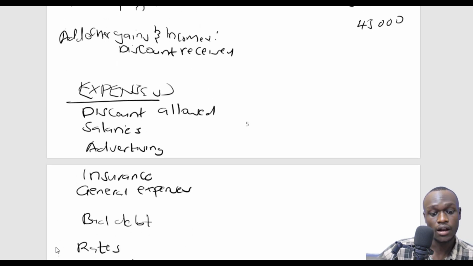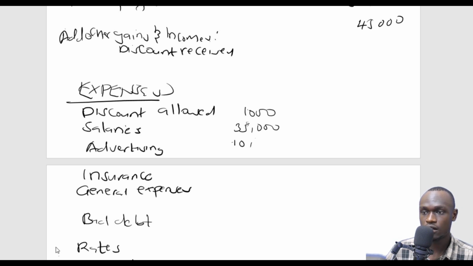So discount allowed, we have 1,000. Salaries 35,000. Advertisement is 10,400. Insurance, we have 3,800.